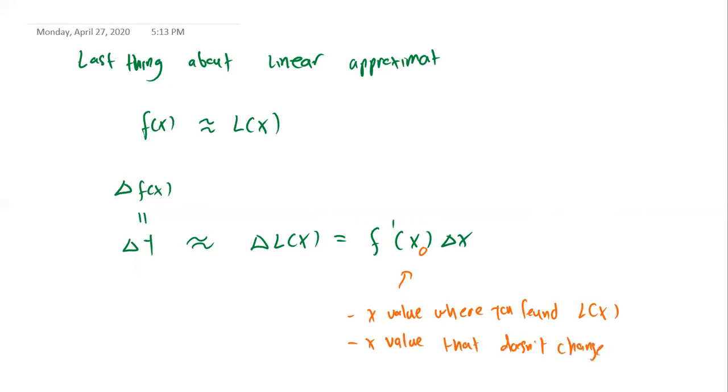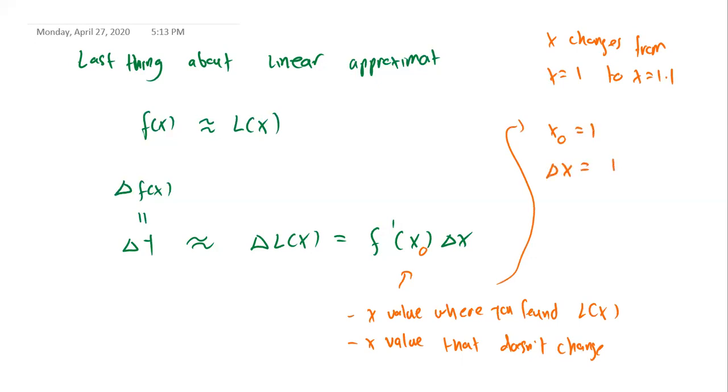In the examples I did in my notes, you were given usually something like x changes from x equals 1 to x equals 1.1. So what would that mean for us? x naught would be 1. The change in x would be, well, how much does x change by? 1.1 minus 1, which would be 0.1.